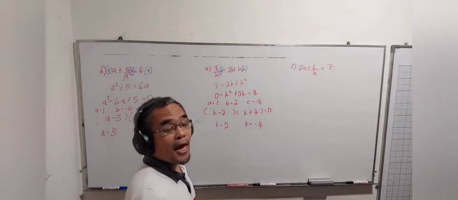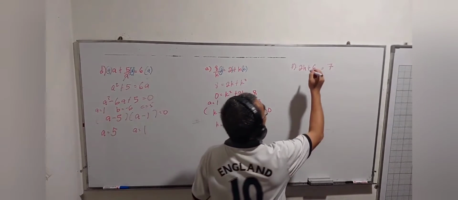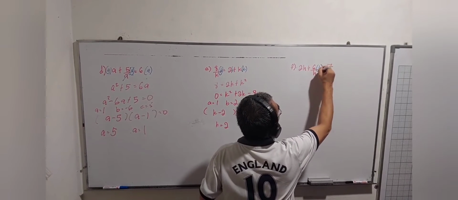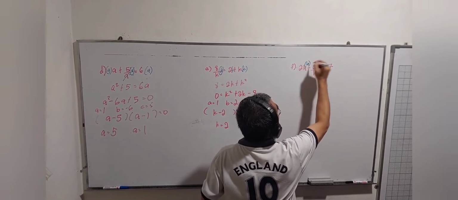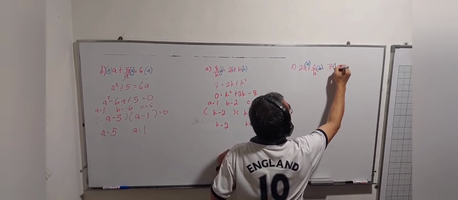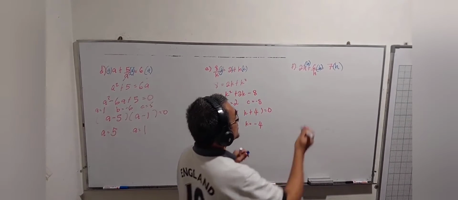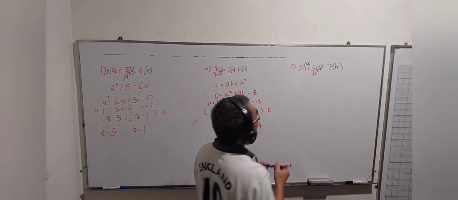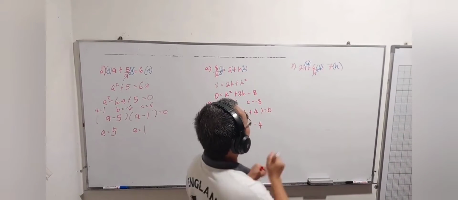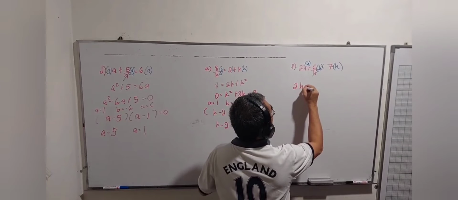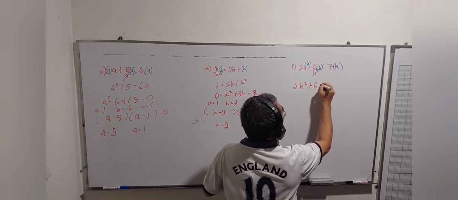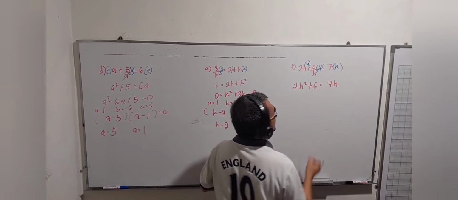Let's go to question F. You multiply by H here to eliminate the fraction. You multiply by H here and multiply by H there. Okay, then you will know, you cut this number and the equation becomes 2h squared plus 6 equals 7h.